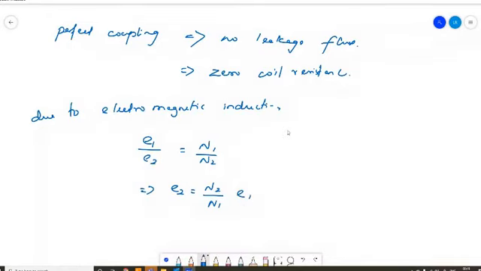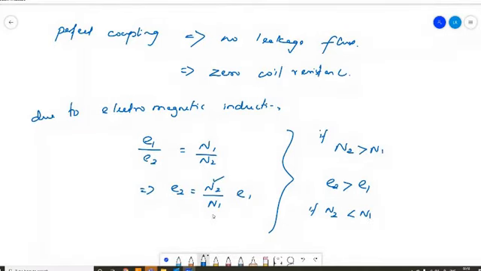And now I will ask you a few questions which you can answer in the chat box. Let us say if N2 is greater than N1, what will happen? Obviously E2 will be greater than E1, isn't it? What will happen if N2 is less than N1? When you design the transformer, you can adjust the number of turns accordingly.